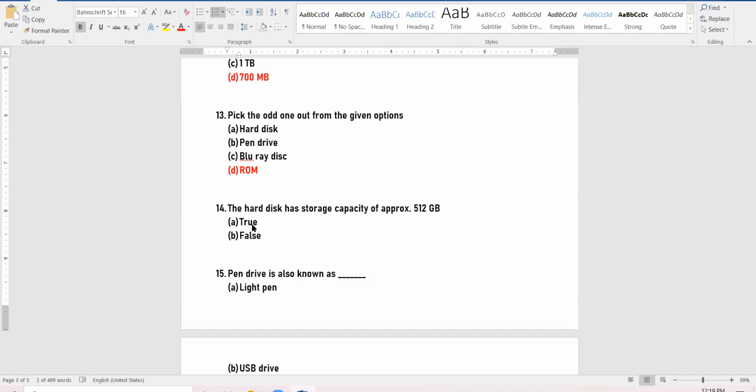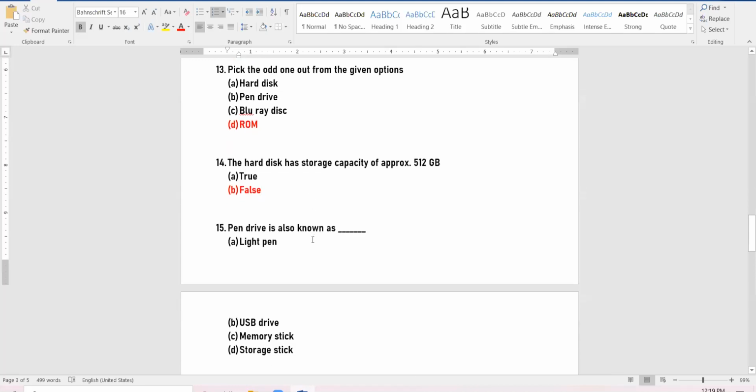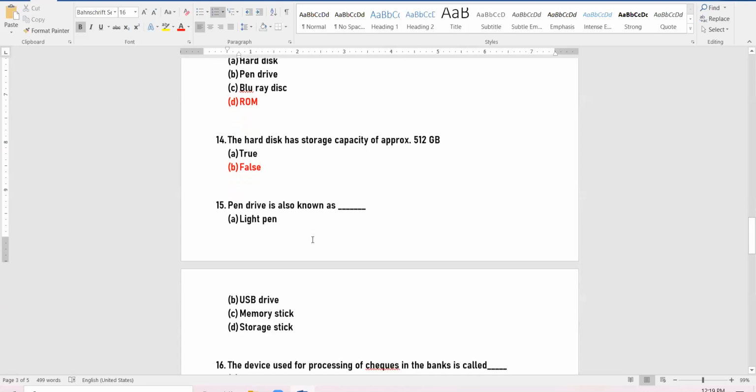No, beta, it's not true. The correct answer is false. Beta, capacity of hard disk is up till 1 TB. Okay, so it is false. But I'm happy, Harshit, you have at least tried. Good.